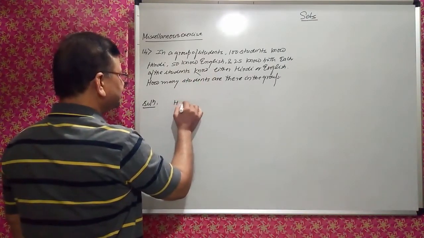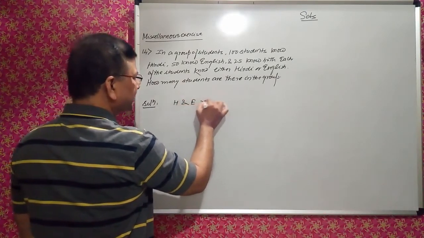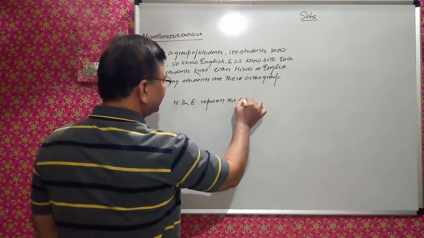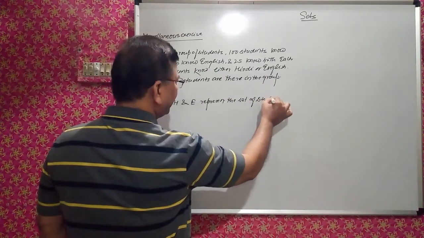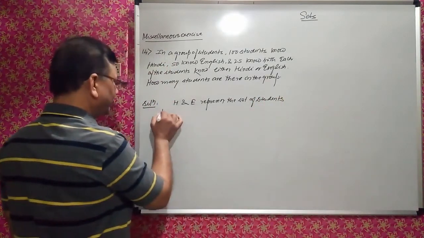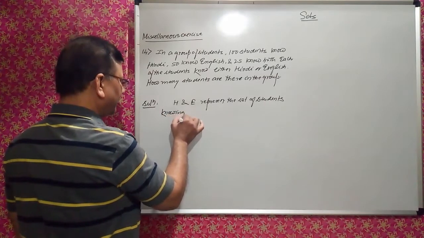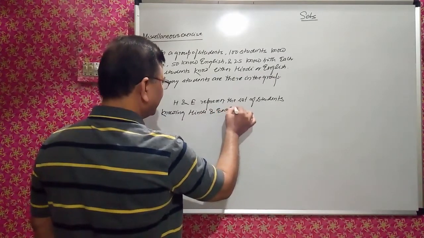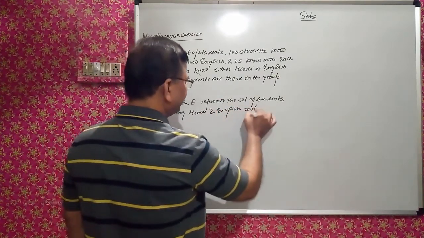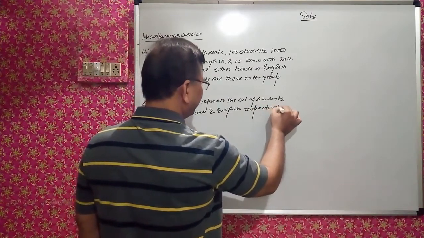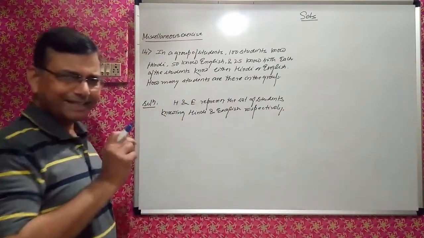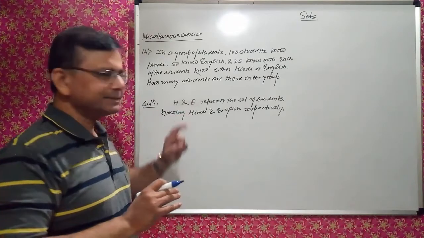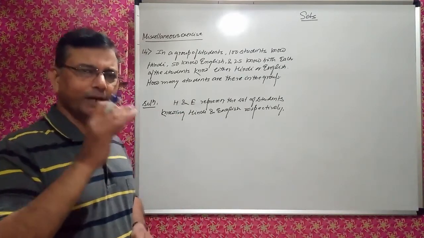Suppose H and E represent the sets of students knowing Hindi and English respectively. H is a set in which only those students are there who know Hindi, and E is a set of those students who know English.